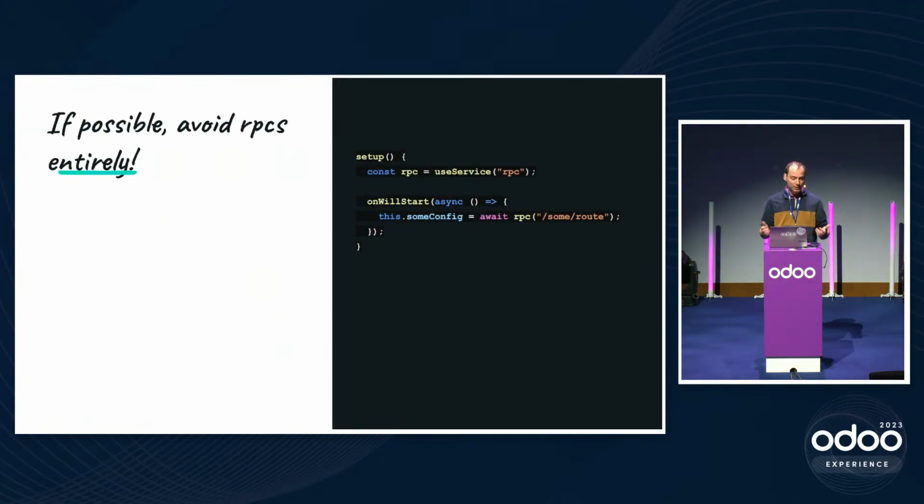So the first lesson is that in some cases, you can even avoid doing requests completely. For this example, we have some components that need to load a very simple configuration key, something that is not meant to change a lot.